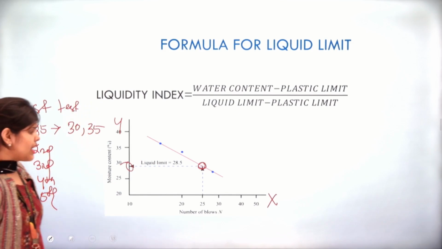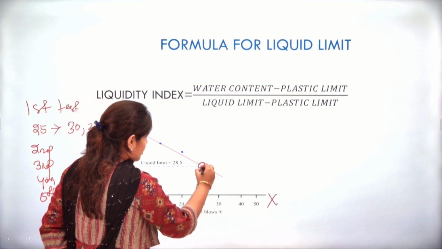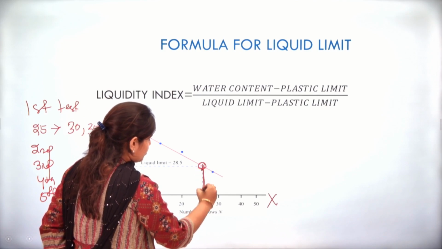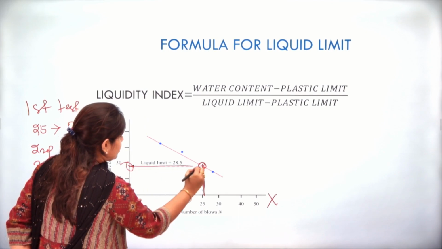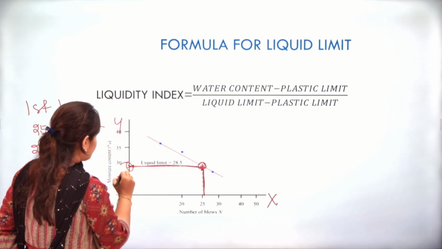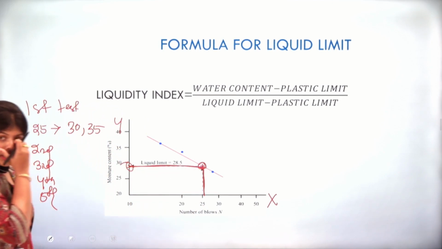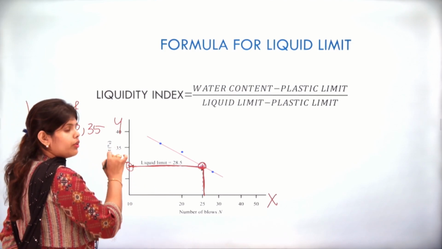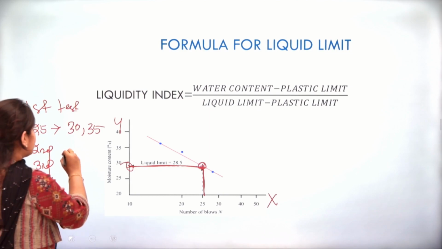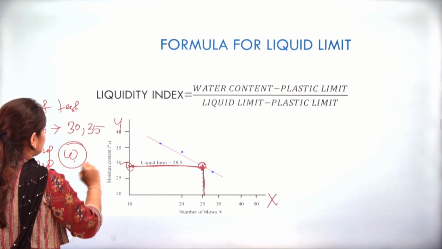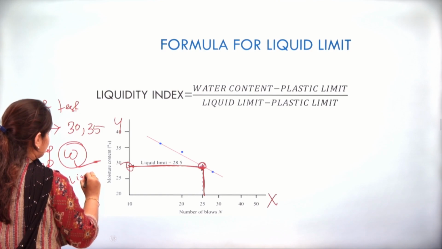From this graph, 25 blows shows a moisture content between 25 and 30. The nearer value at 25 blows we take as the liquid limit.